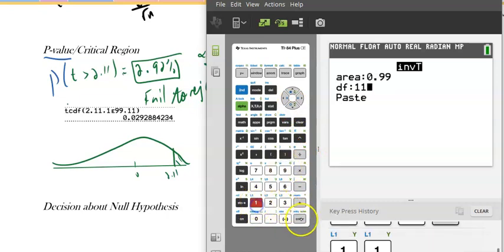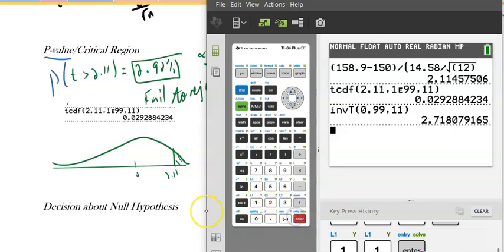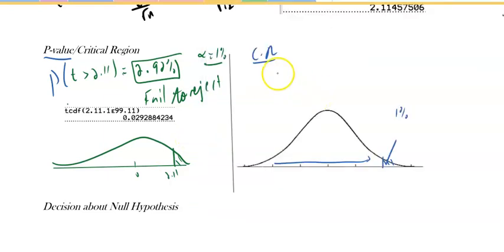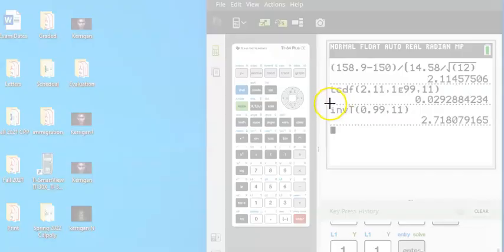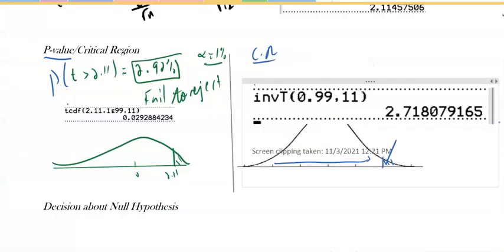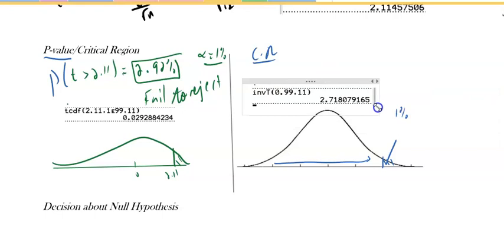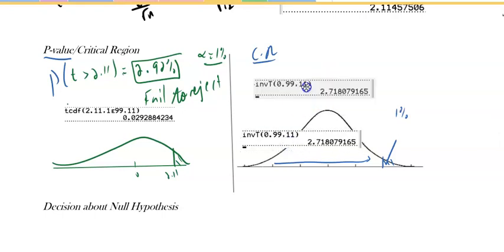Degrees of freedom were 11. Tell me where the cutoff is. The cutoff is 2.71. 2.71 is where you cut off the usual from the unusual. Anything in the rejection region is considered unusual. So the cutoff point for us is 2.71.